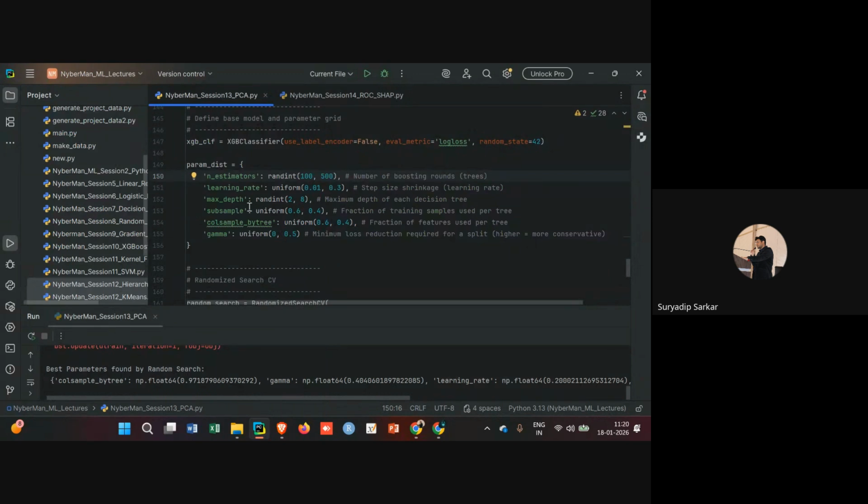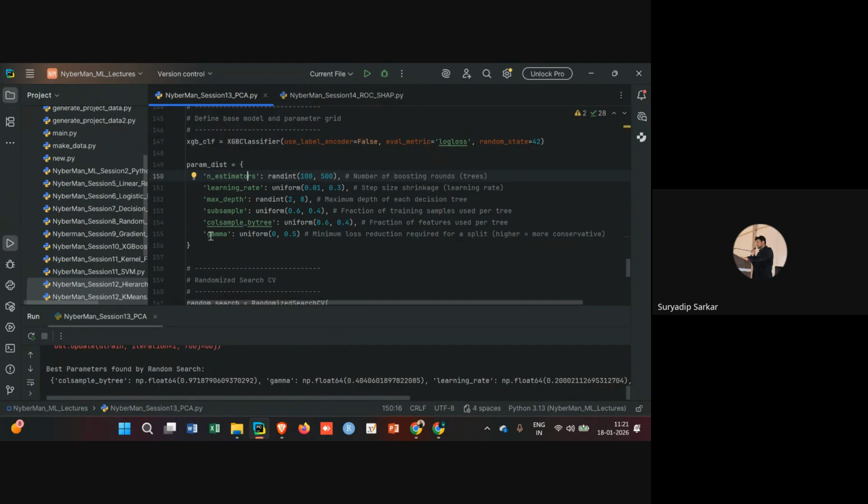For learning rate also, I am saying choose randomly from a uniform distribution, so that the probability of picking anything between 0.01 and 0.3 is the same. That is why we are using a uniform distribution. Similarly, for max depth, we are using random integers. For subsample, we are using a uniform distribution. For colsample_bytree, we are using a uniform distribution.